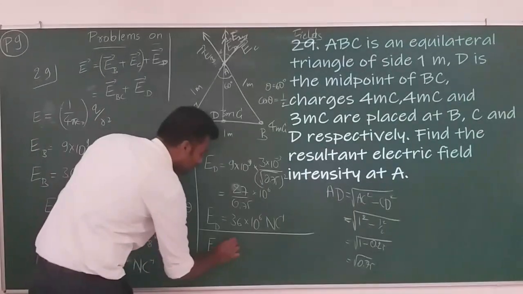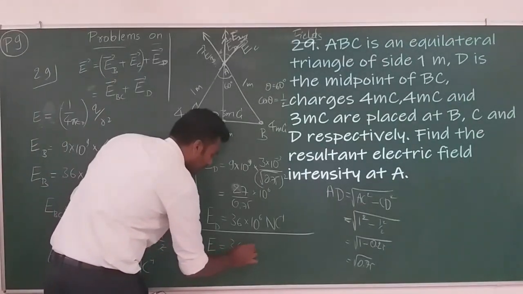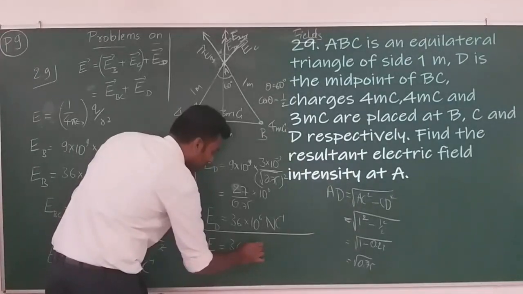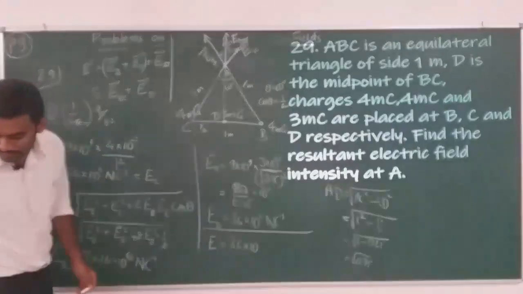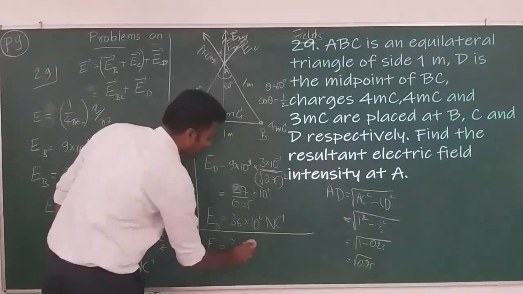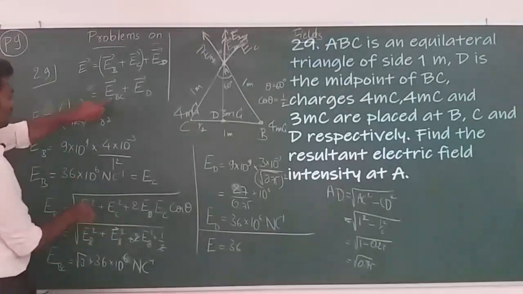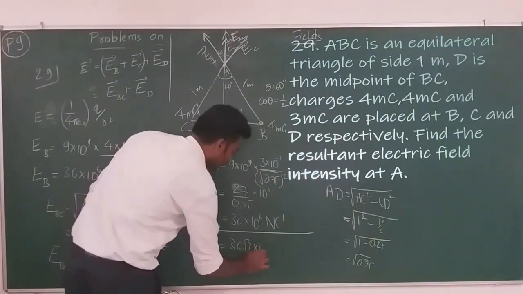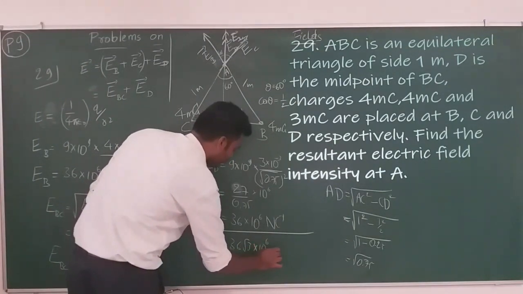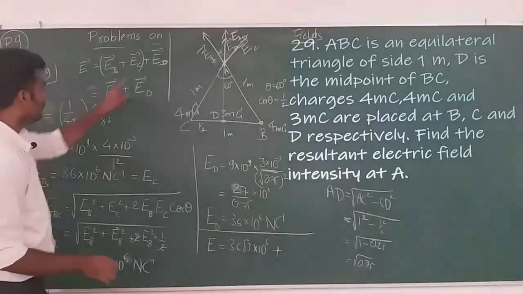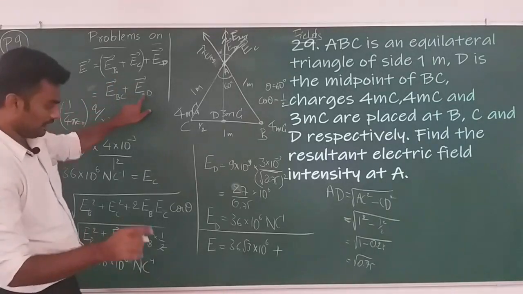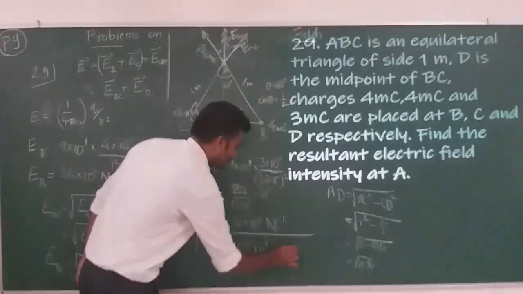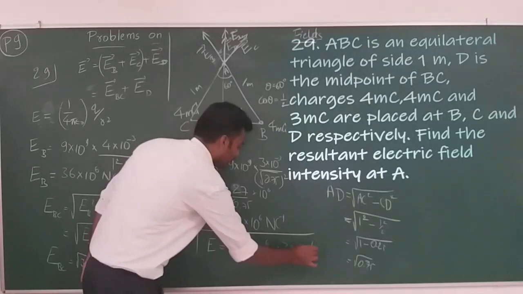EBC is this, 36 root 3 into 10 to the power of 6, plus ED is this, 36 into 10 to the power of 6.